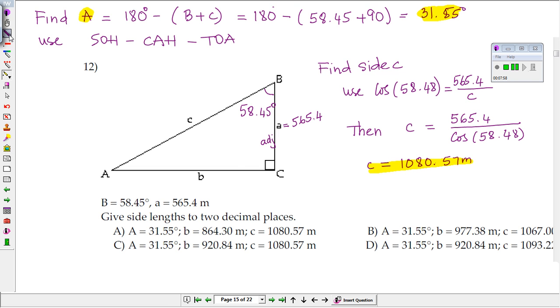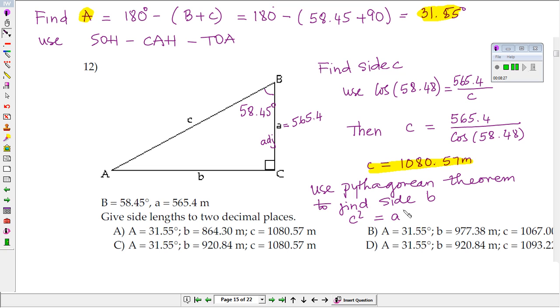Now that we found the hypotenuse, we still have one more side to find, which is side B. Therefore we need to use the Pythagorean theorem to find side B. We know that C squared equals A squared plus B squared.